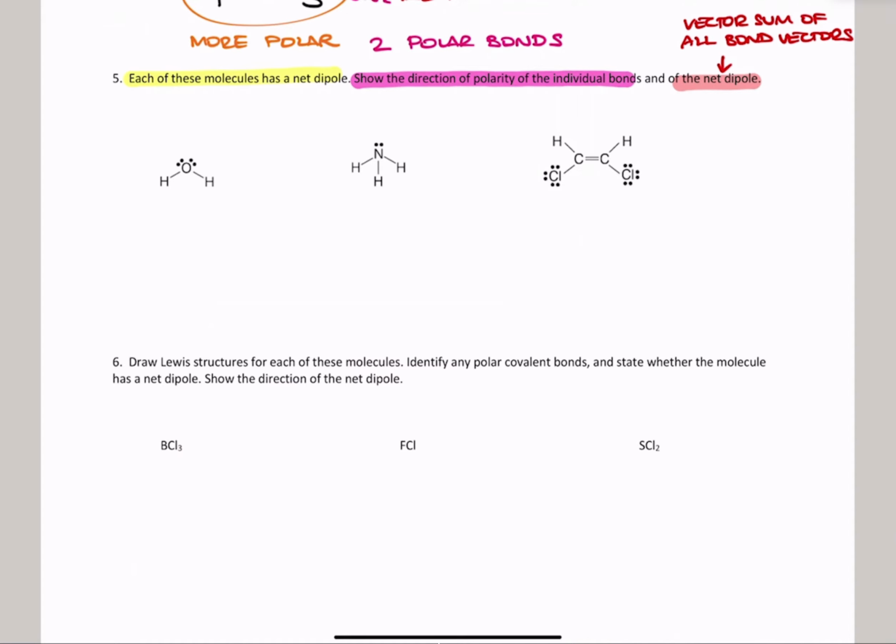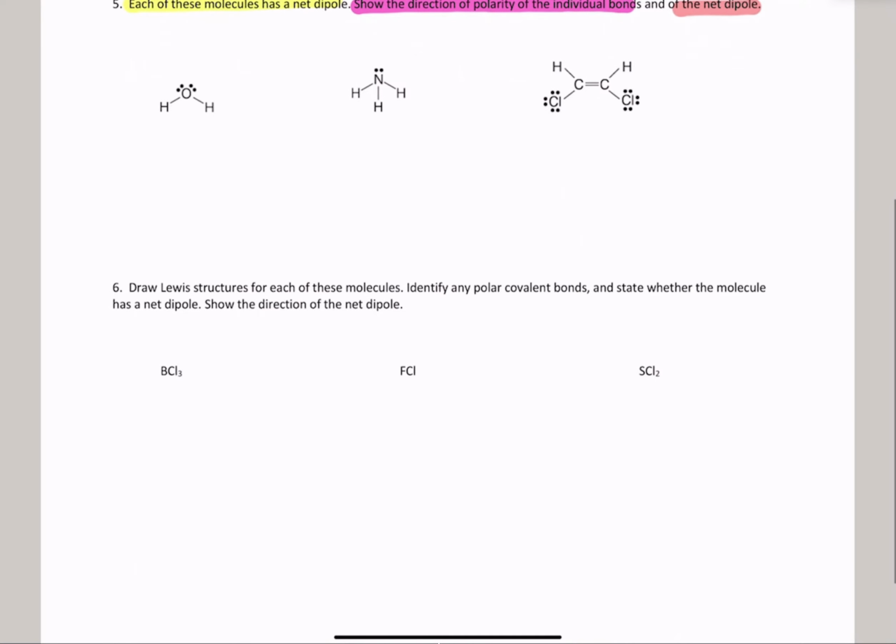So what I'm going to do is first write down the EN of every single atom. Here 3.5 for O, 2.1 for each H. You find these numbers on the electronegativity table. Chlorine is 3.0, carbon is 2.5, and N is 3.0.